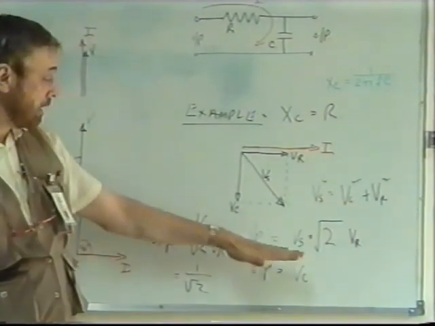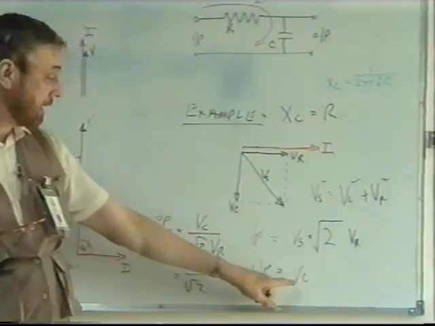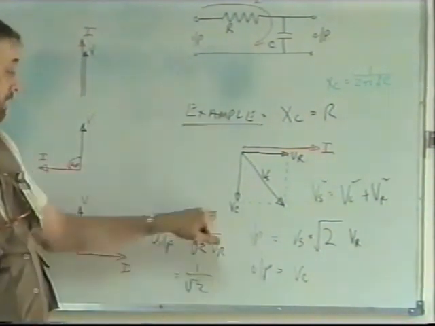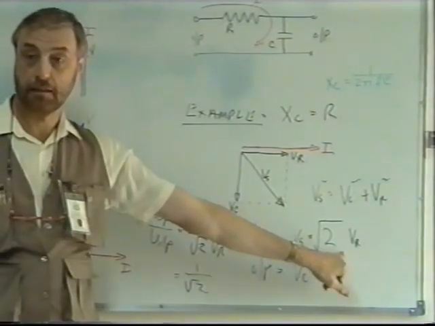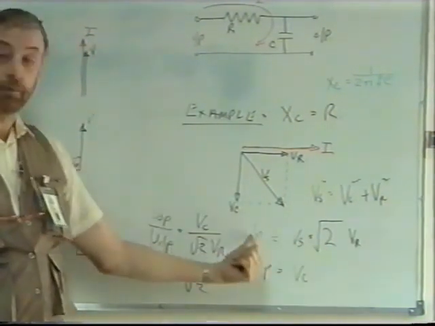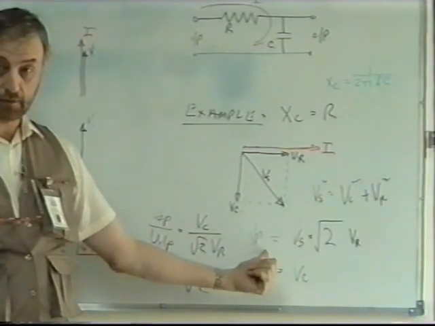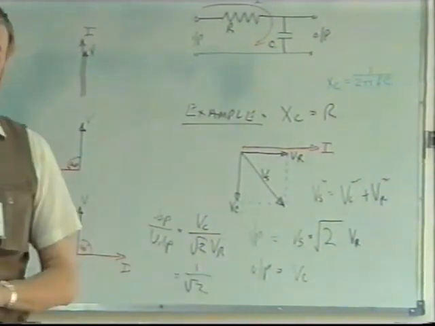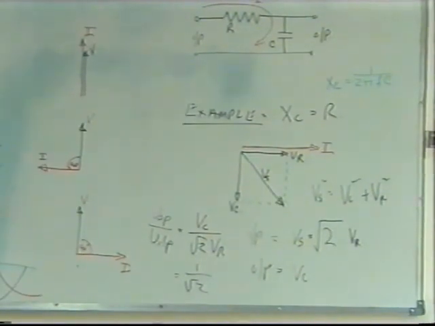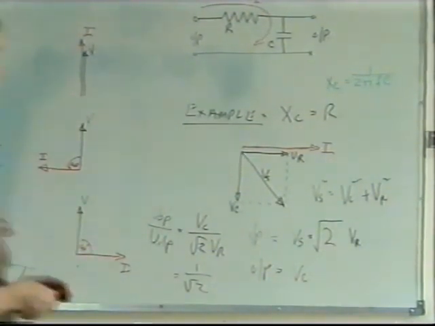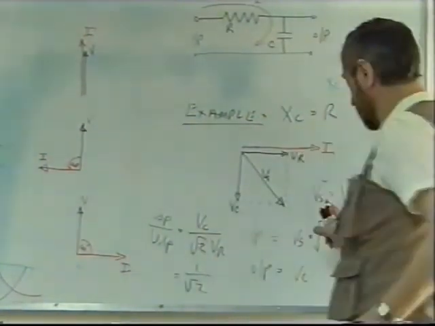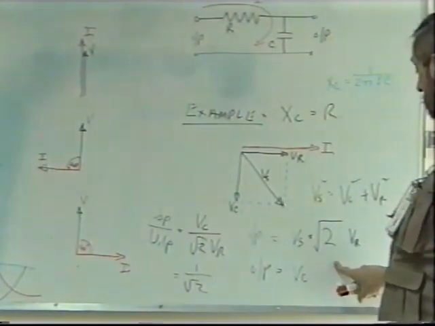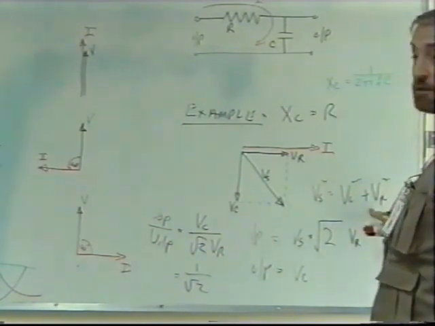The ratio of output over input, my output here is VC, so VC divided by this, if this is my input. How do you take only the square root of 2 out and the VR out? I did it by changing this formula to this. This is root 2 times VR, isn't it?